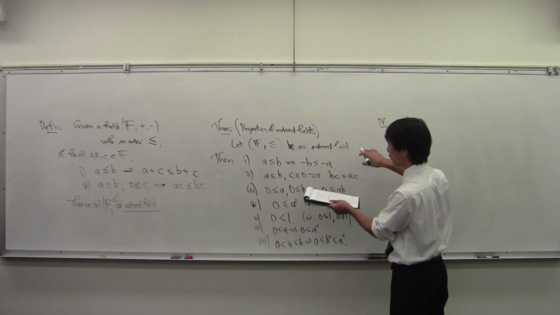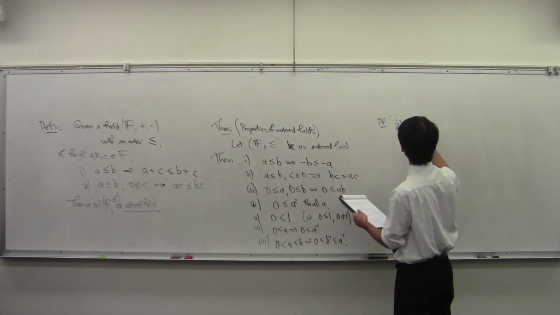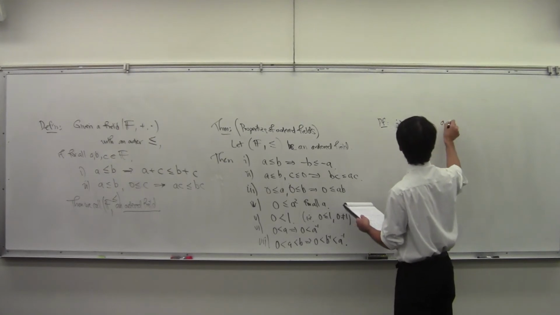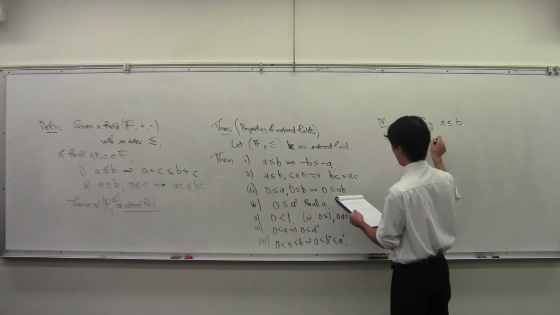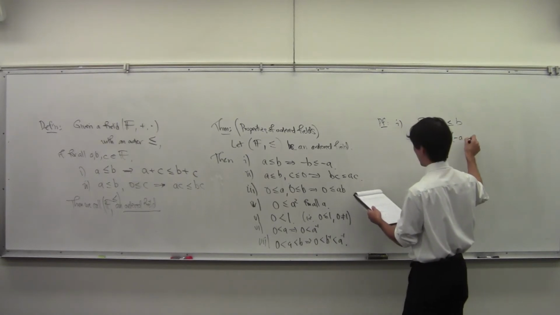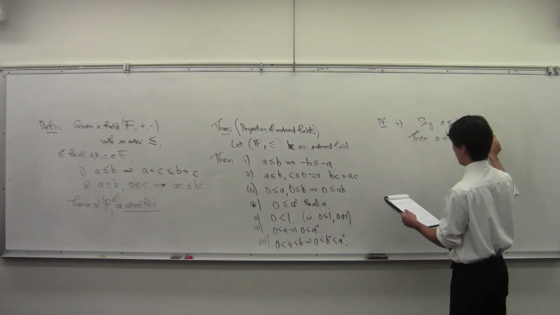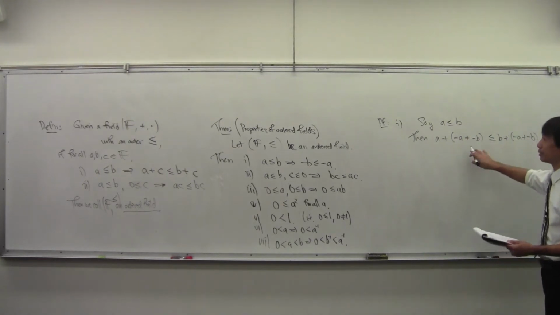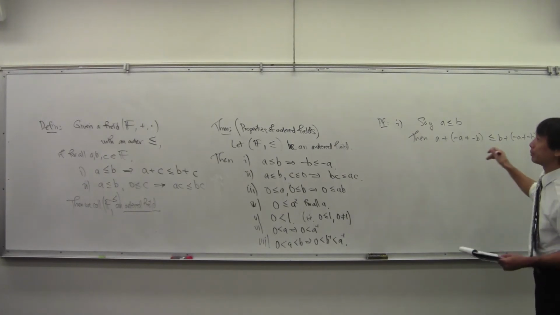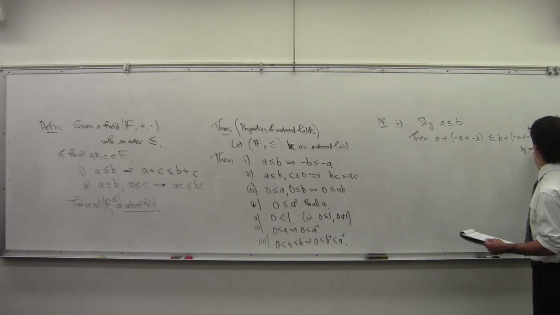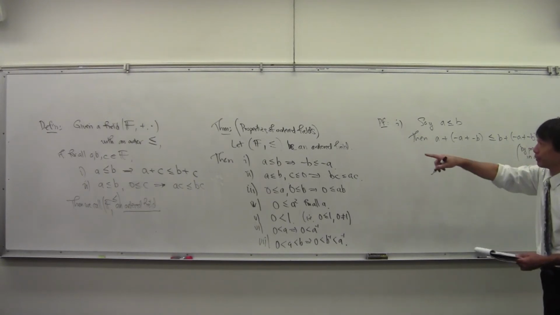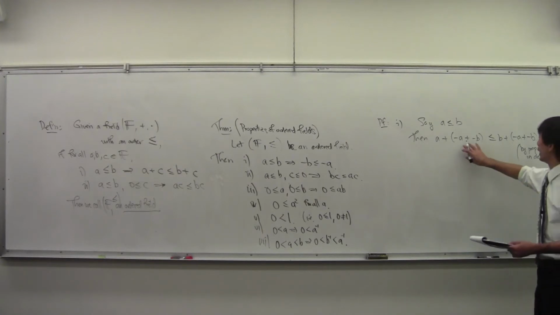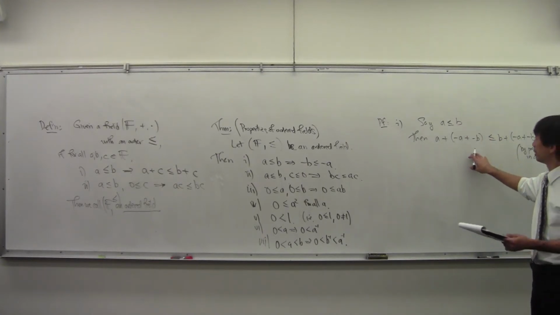If A is less than or equal to B, then negative B is less than or equal to negative A. Say that A is less than or equal to B, then A plus negative A plus negative B is less than or equal to B plus negative A plus negative B. This is by property 1 in the definition of the ordered field. You add the same thing to both sides, the order doesn't change, right?